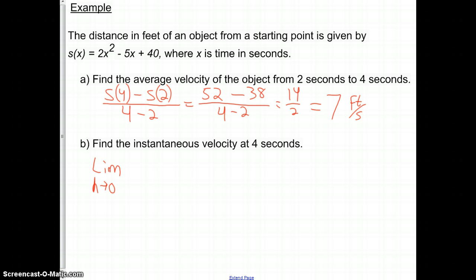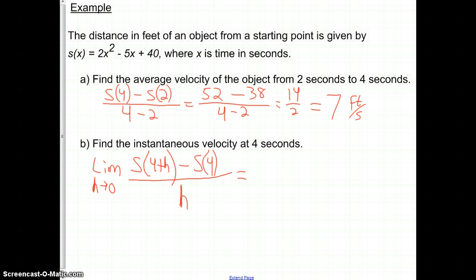It's the instantaneous velocity at 4 seconds. So we're going to do s of 4 plus h minus s of 4. So it's 2 separate y values, and then we're taking the difference in those y values and dividing it by the difference in the x values. So 4 plus h is one x value minus 4. That's where that h is coming from.